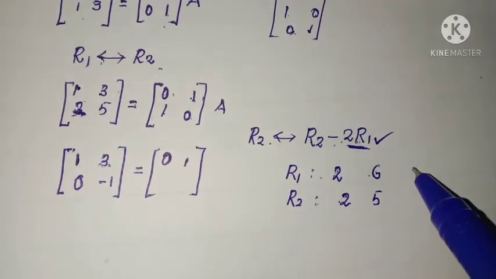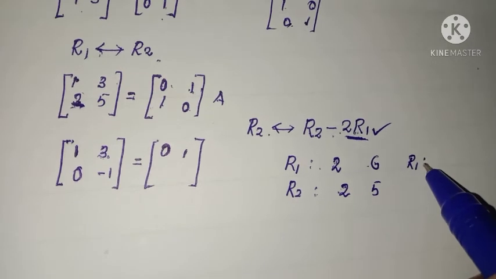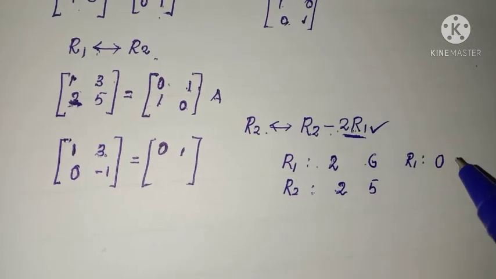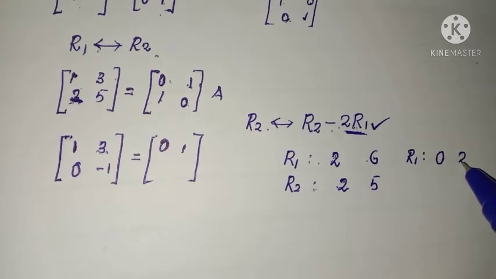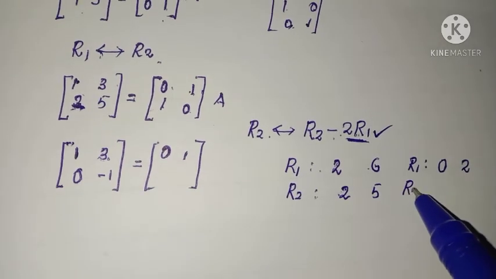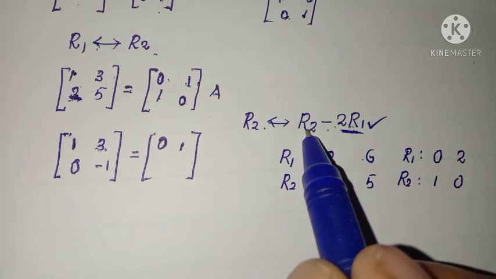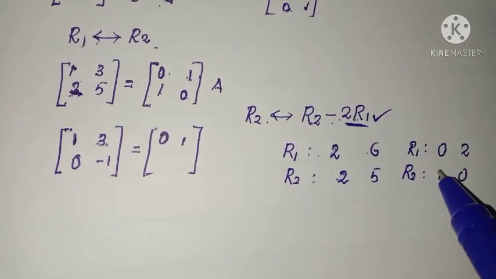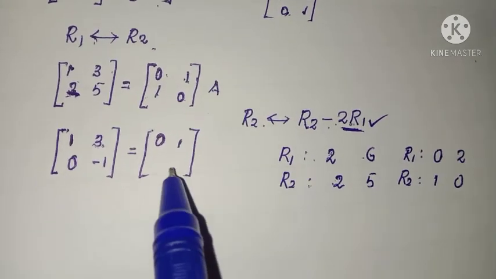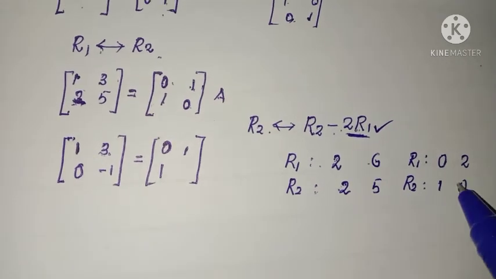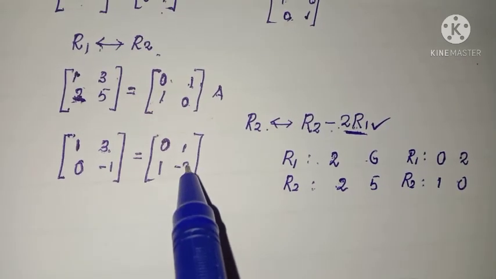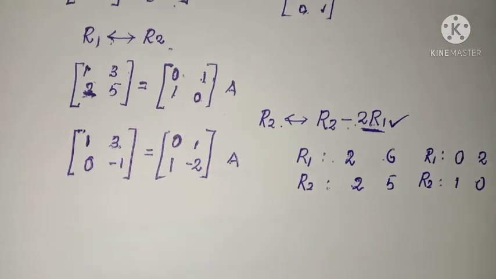So the new first row becomes, listen, 0 into 2, 0. 1 into 2, 2. There is no change in the second row. Now the transformation is R2 minus 2R1. 1 minus 0, 1. 0 minus 2, minus 2. Okay. Into A.